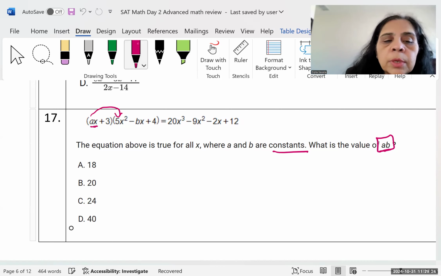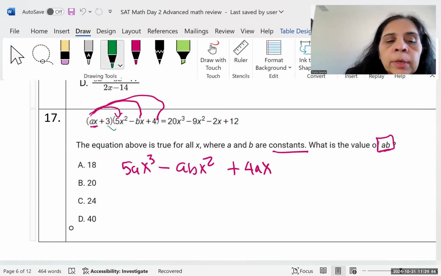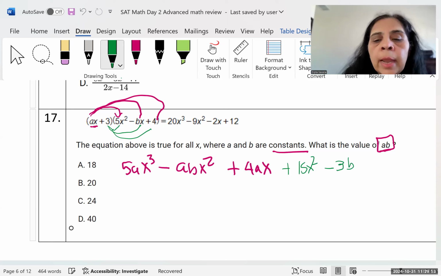If you use the distributive property here, a times 5 is 5a x cubed. Then we see minus abx squared. Then we have plus 4ax. And then you distribute 3 and get plus 15x squared. And then you have negative 3bx plus 12.